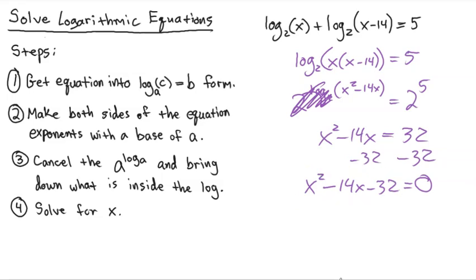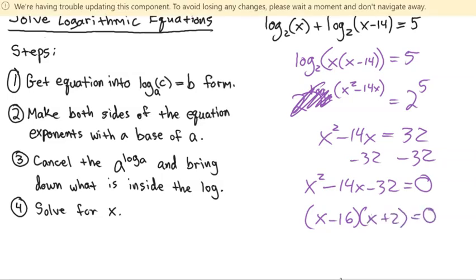This quadratic is factorable. There are two numbers that multiply to negative 32 and add up to negative 14. They are negative 16 and 2. So we have (x minus 16) times (x plus 2) equals 0.